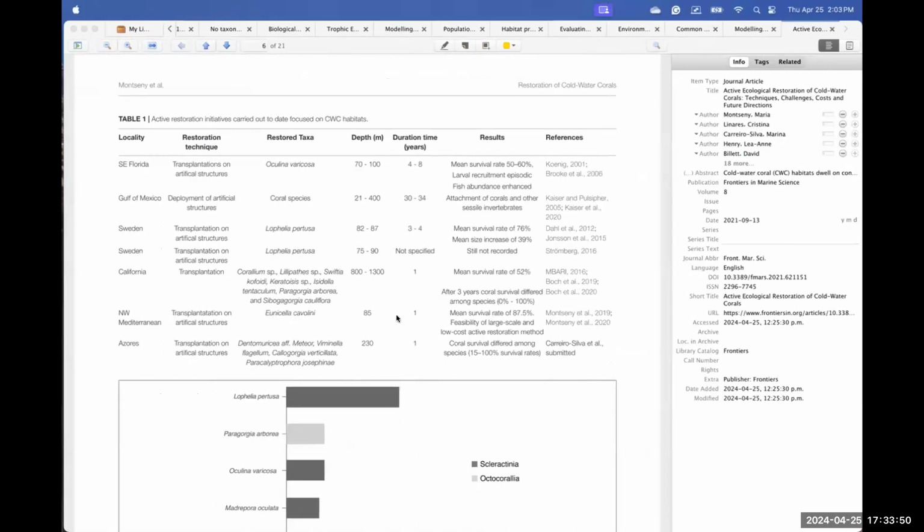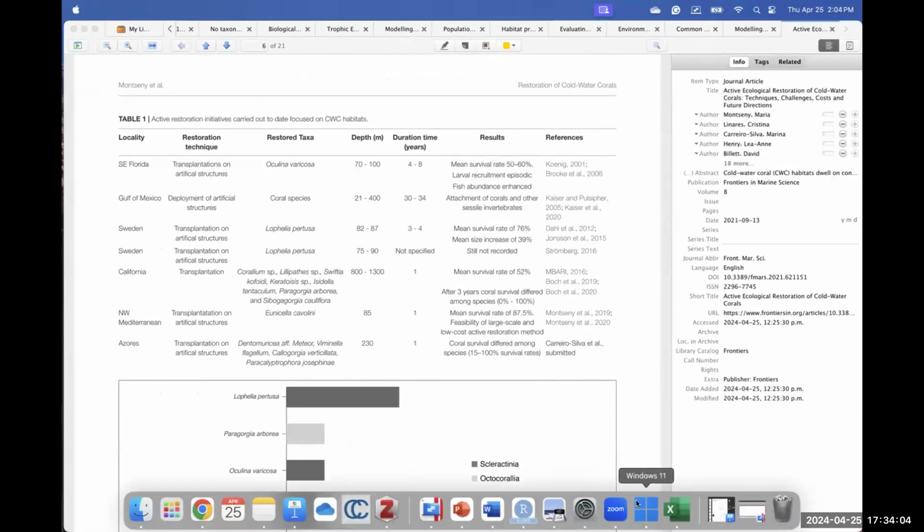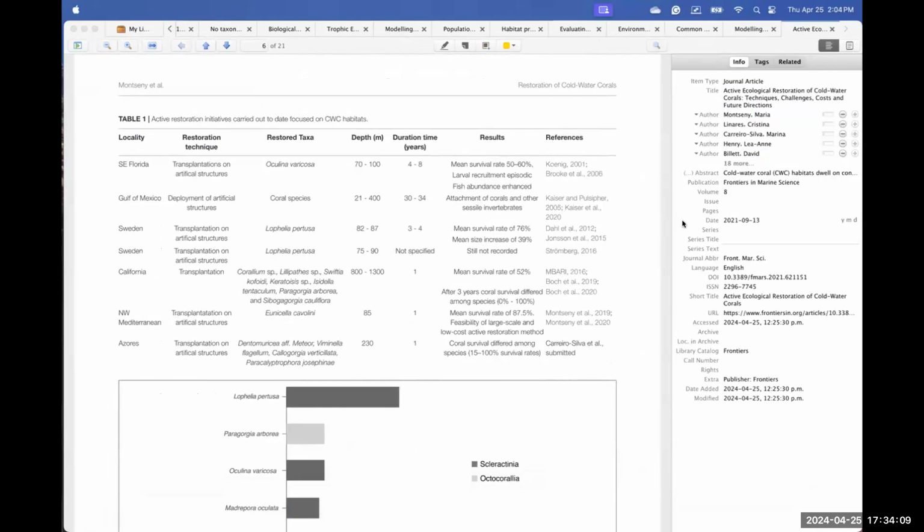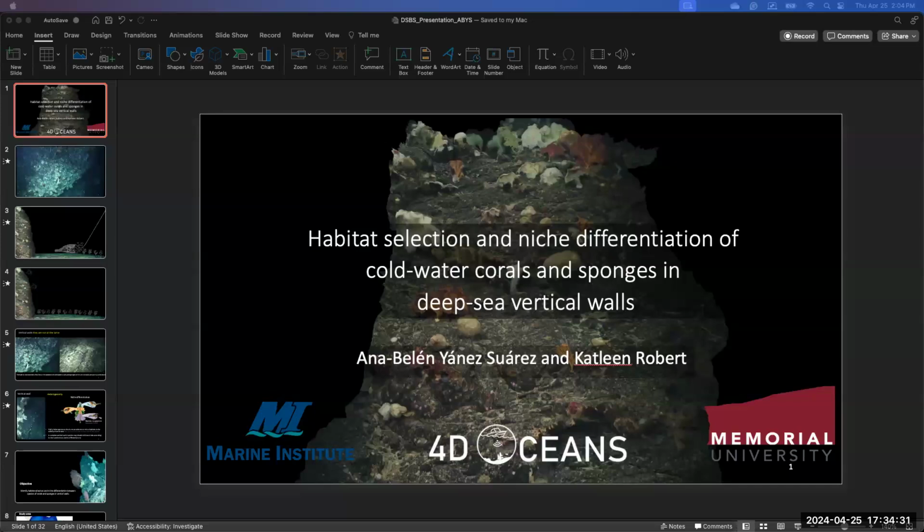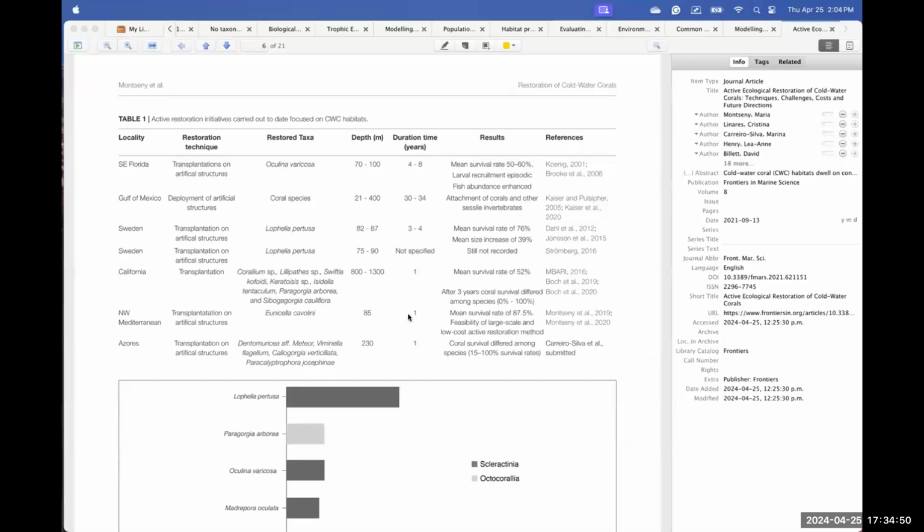You were sharing the PowerPoint, so for me, you can see now a table from a paper.